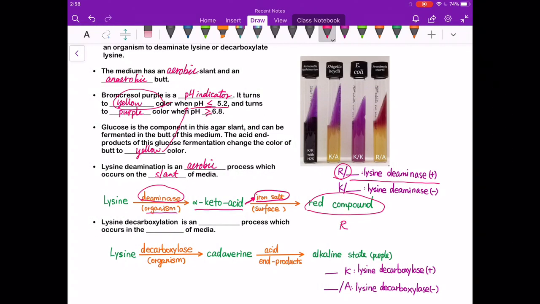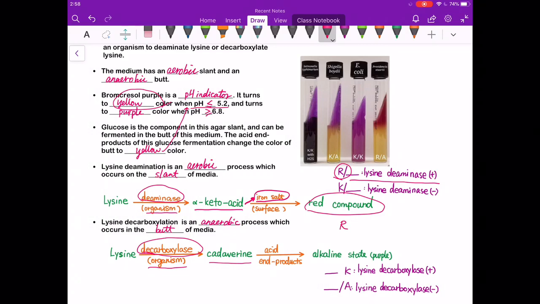Next, we are going to talk about the lysine decarboxylation reaction. The lysine decarboxylation is an anaerobic process which occurs in the butt of the medium. If there is an organism that can produce the lysine decarboxylase, cadaverine will be formed here. Cadaverine is a diamine compound produced by animal tissue.